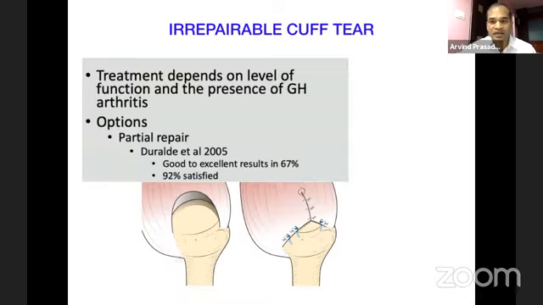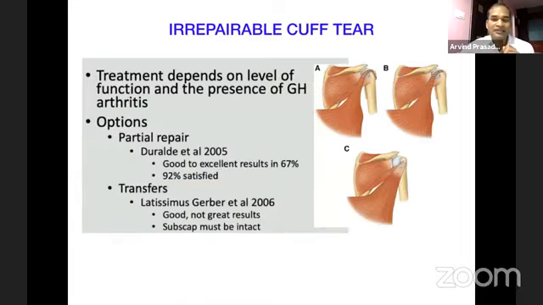Like the cuff is not coming to the anatomic footprint of the humeral head, but with margin convergence and approximating as much as possible, it helps in gaining the power of the shoulder joint. At the same time, it reduces the pain also. The next is the tendon transfer, that is latissimus dorsi very commonly, and teres minor transfer is also done for this tear of the cuff that is irreparable.